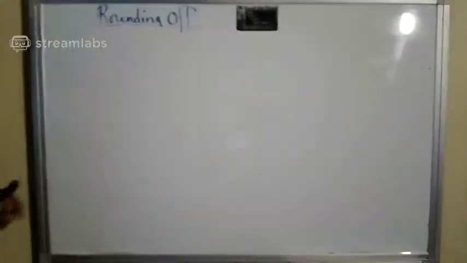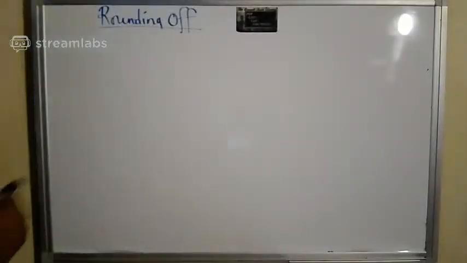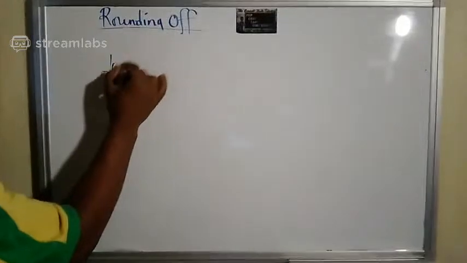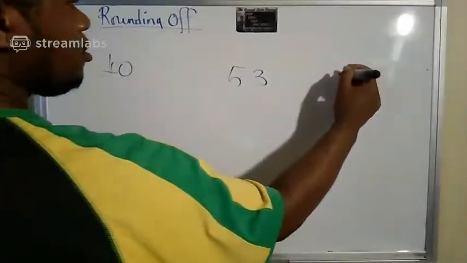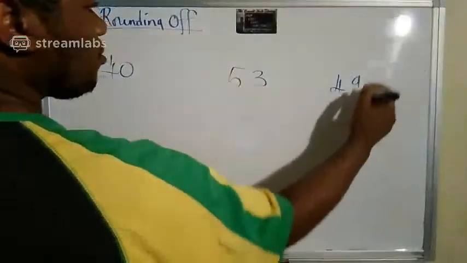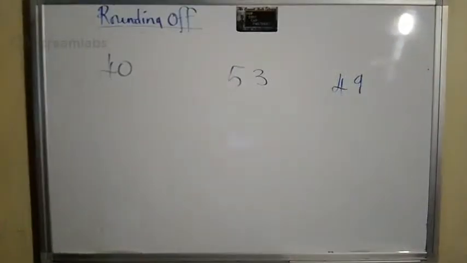Alright, so you have to the nearest tens, and you can have to the nearest 100. So let me ask you this question here. Say 40, 53, 49, to the nearest 100.